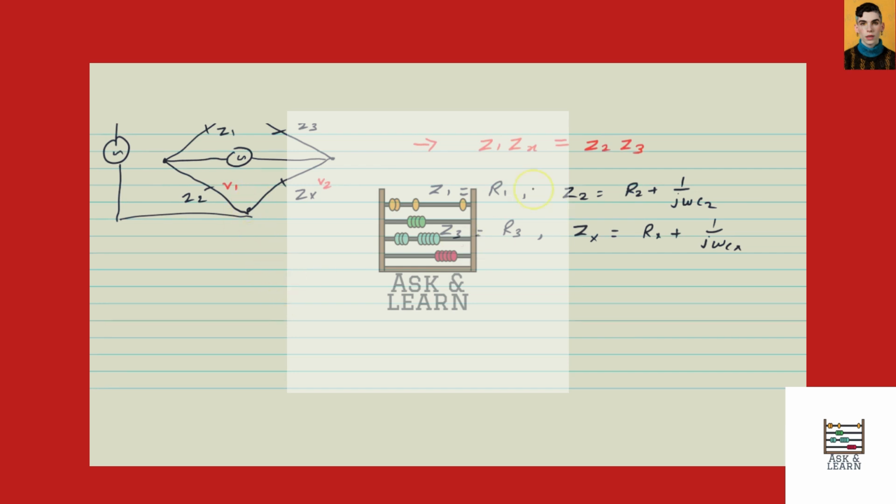at balance condition what happens? Z1 times Zx equals Z2 times Z3.